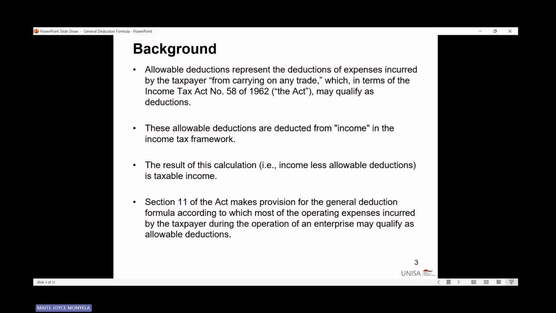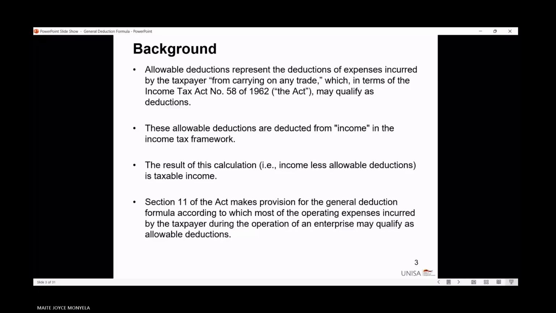In terms of section 11A of the Income Tax Act, they make provision for the general deduction formula, according to which most of the operating expenses qualify as a deduction and which ones do not.